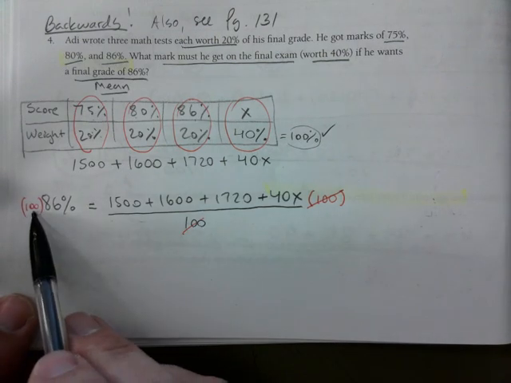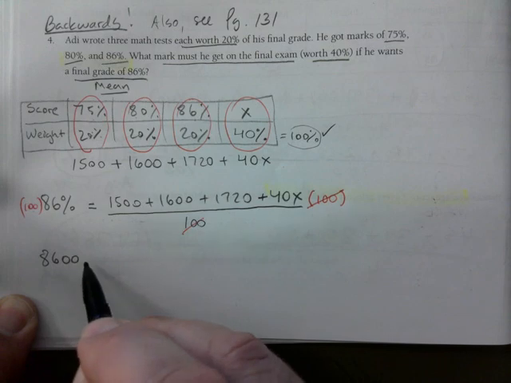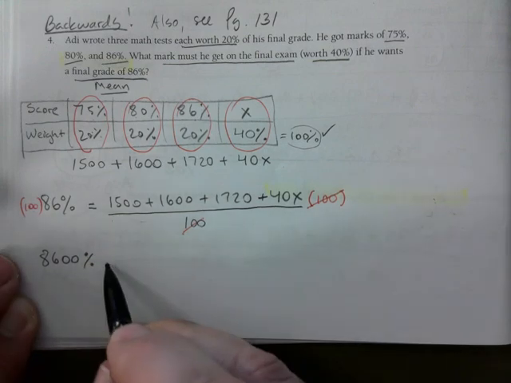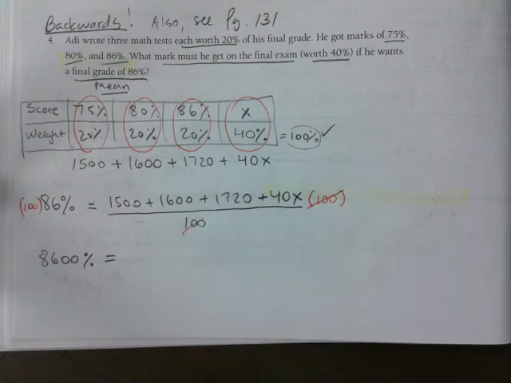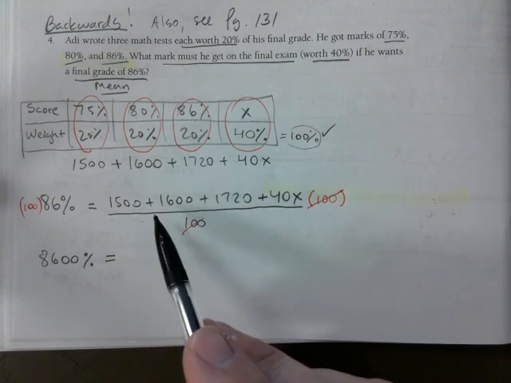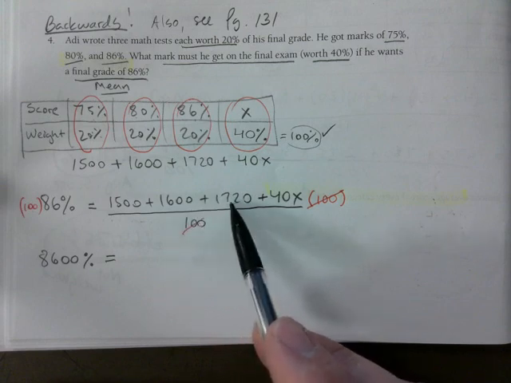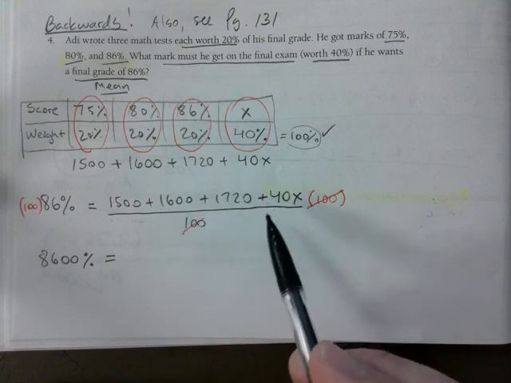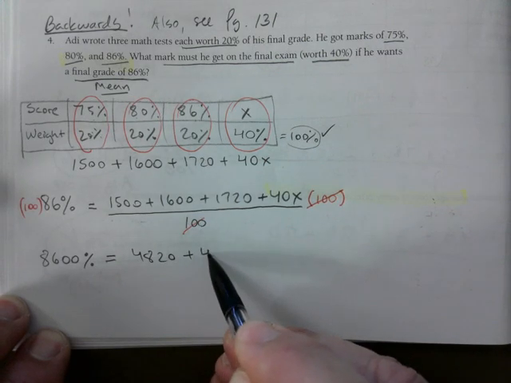On the other side, it's 100 times 86. That is for now 8600. Let's add up what we can here. So if you add up 1500 plus 1600 plus 1720, you can't add 40x, but you get 4820 plus 40x.